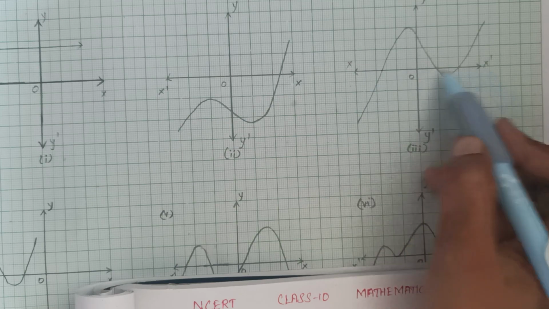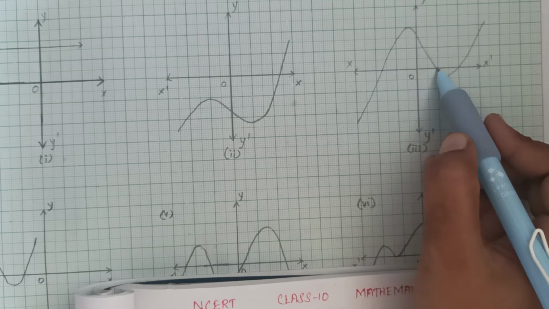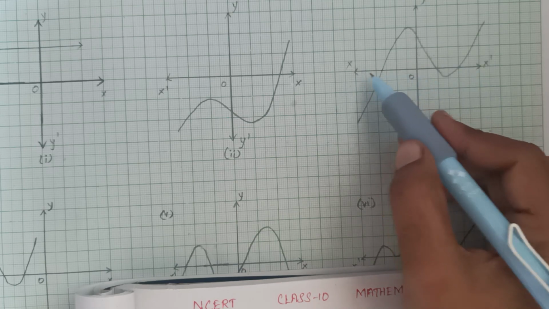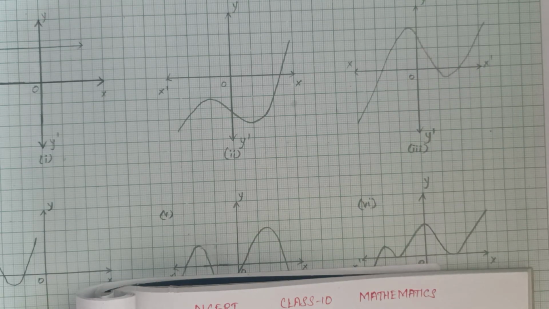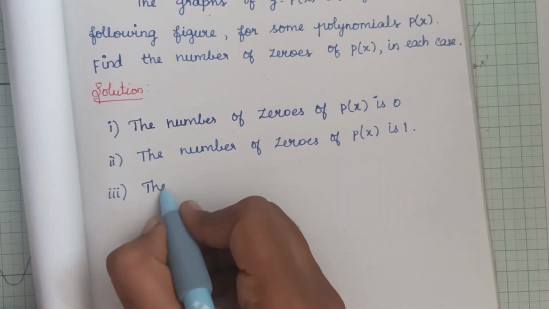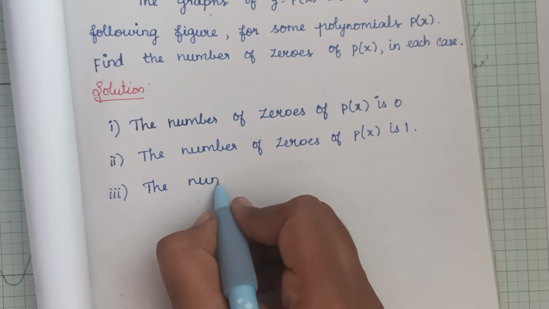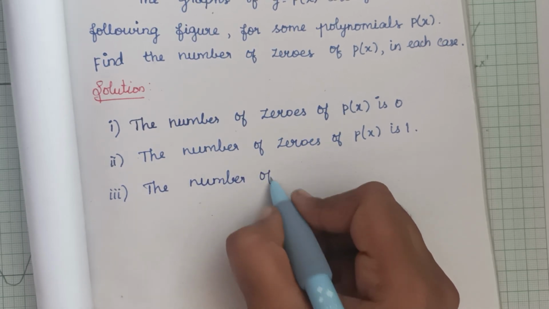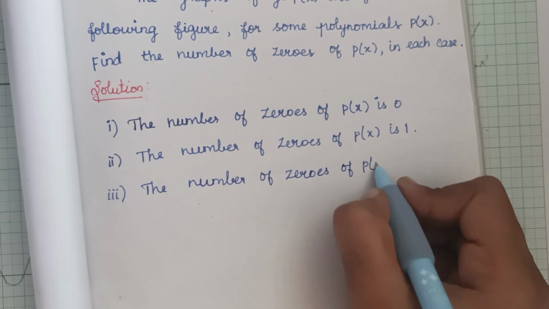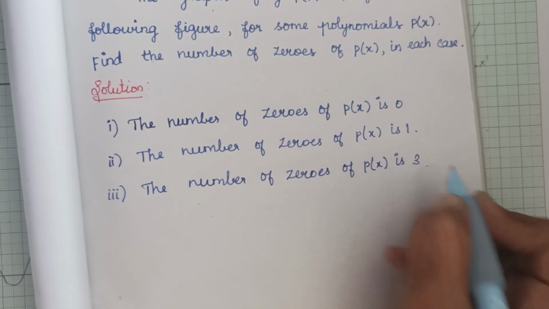So just check only on the x-axis. 1, 2, 3. Okay. So the graph intersects the x-axis at 3 points. So the number of zeros of p(x) is 3.